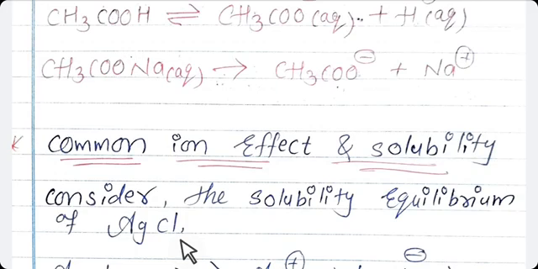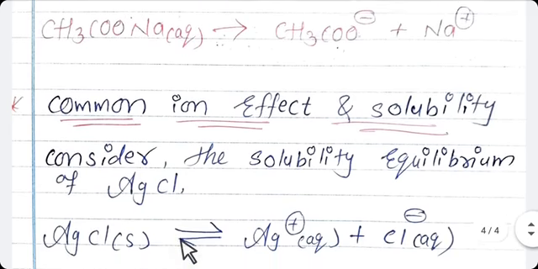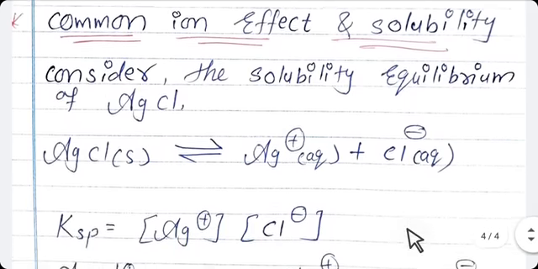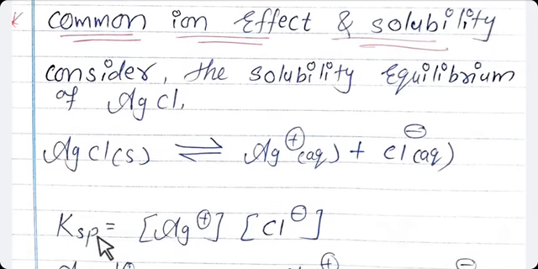We are taking silver chloride in solid form, which dissociates to produce Ag plus and Cl minus. Taking the formula of solubility product for this reaction, we get Ksp equal to the concentration of Ag plus times the concentration of Cl minus.